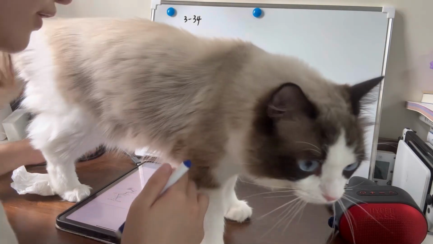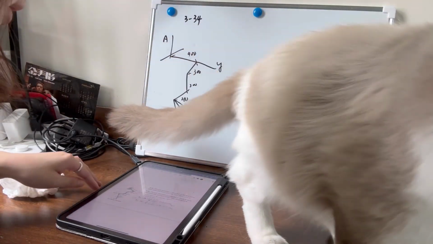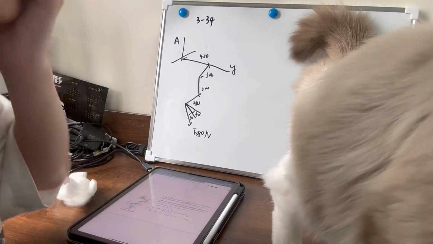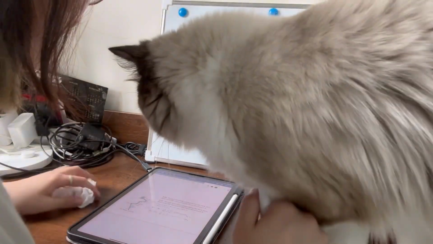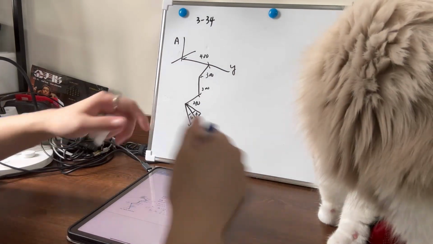And now we have to determine the moment of these forces about point A. So first of all, if we have to figure out the moment A, we have to find out the force here.